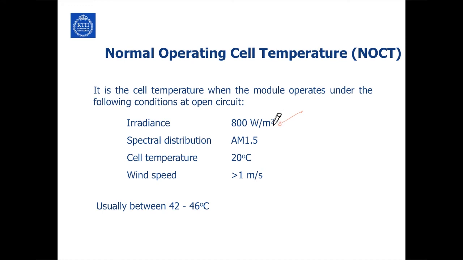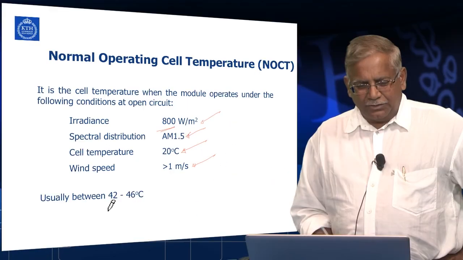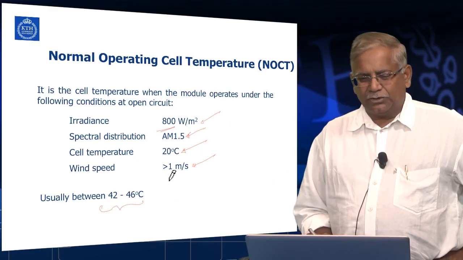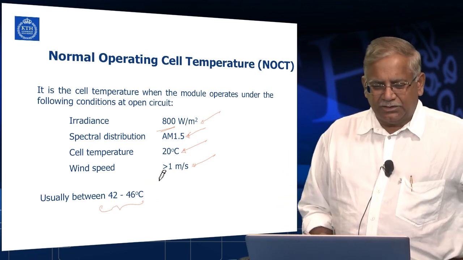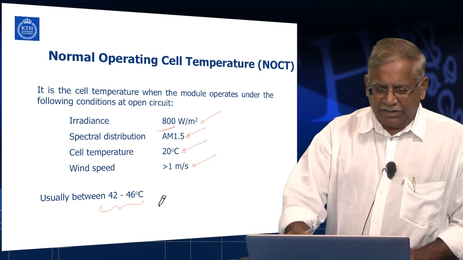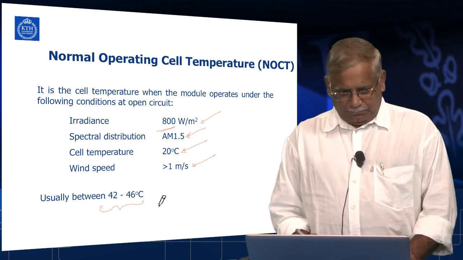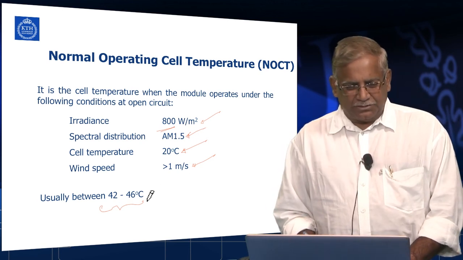So the insolation is about 800 watts per meter square, the spectral distribution used is AM 1.5, the ambient temperature is 20 degrees C, and the wind speed is 1 meter per second. So usually this temperature is between 42 to 46 degrees C. So this is typically given by the manufacturer in the spec sheet.